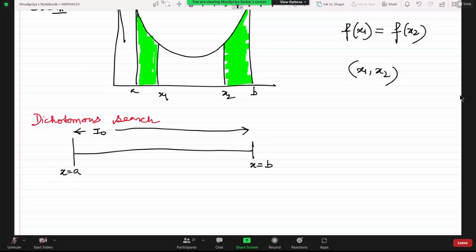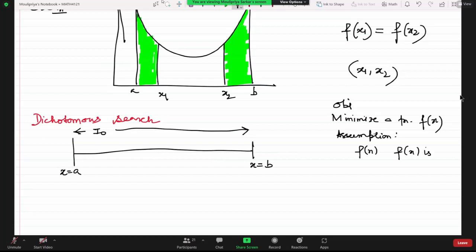Now, what are we trying to do using dichotomous search? Our objective is to minimize a function fx. What is our assumption? Our assumption is the function fx is unimodal in AB.